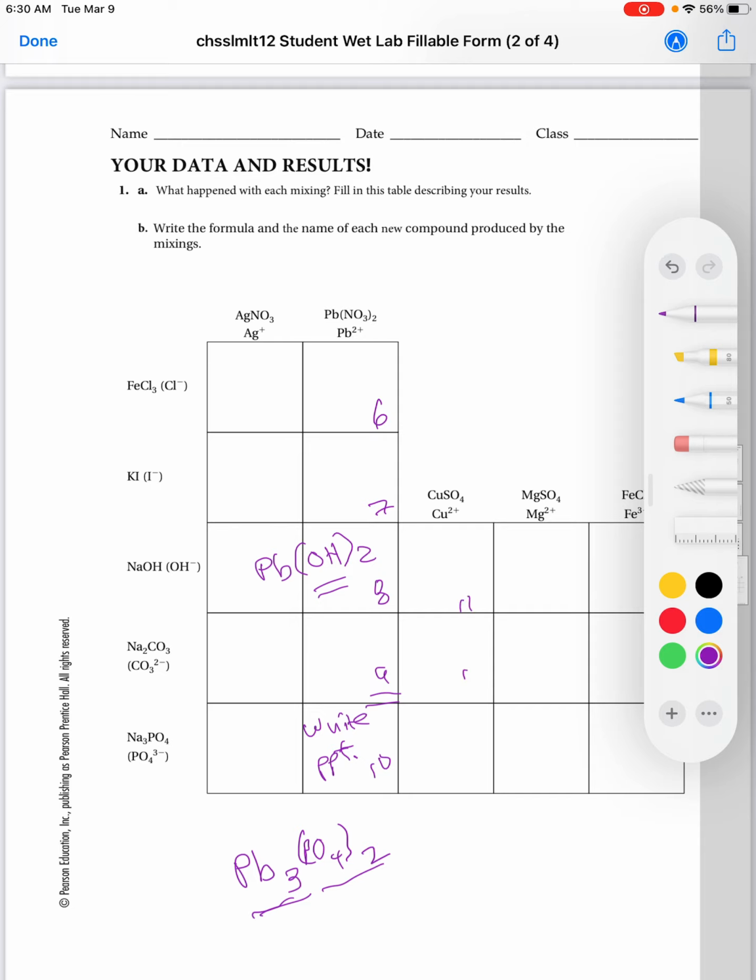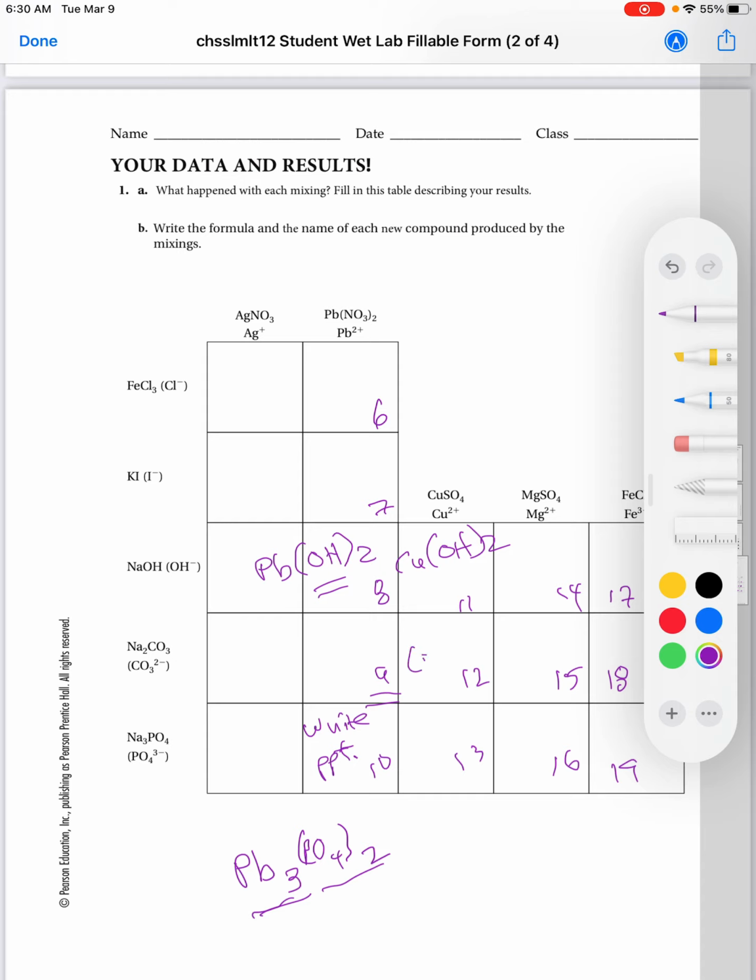So this is 11, 12, 13, 14, 15, 16, 17, 18, 19. Number 11 is a light blue precipitate. It's copper hydroxide. Again, this would be CuOH2, parenthetically 2, and it would be called copper 2 hydroxide. The next one is a light blue precipitate. It's copper 2 carbonate.